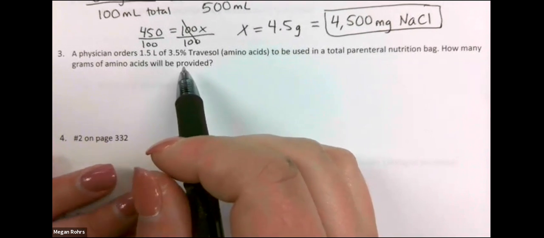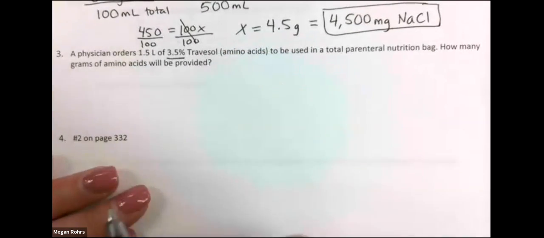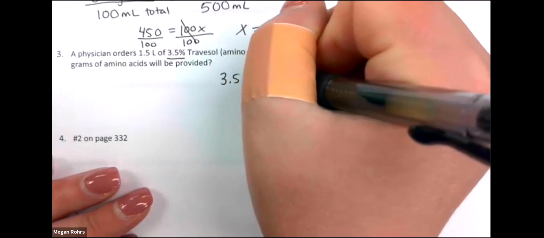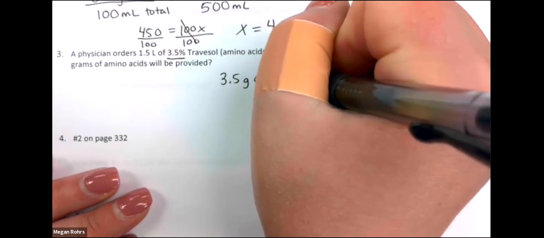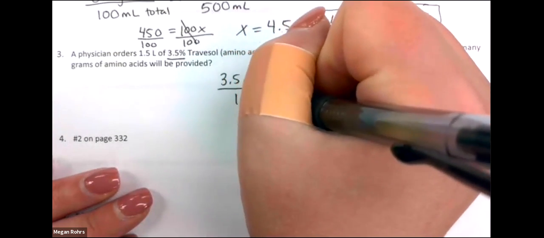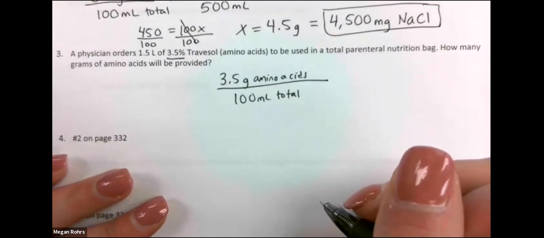Okay, so first thing, you see your percentage strength. Set that up in a fraction. 3.5 grams of amino acids in every 100 mils of total solution.